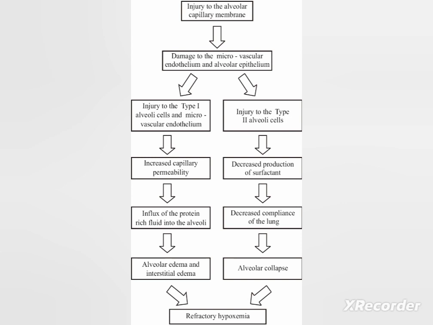So interstitial edema and alveolar edema occur. But in case of type 2 alveolar cells, there will be decreased production of surfactant, which leads to decreased compliance of lung and alveolar collapse. Both these factors together cause refractory hypoxemia. Then ventilation perfusion mismatch, so the person will exhibit the signs and symptoms of respiratory distress. So this is the pathophysiology.